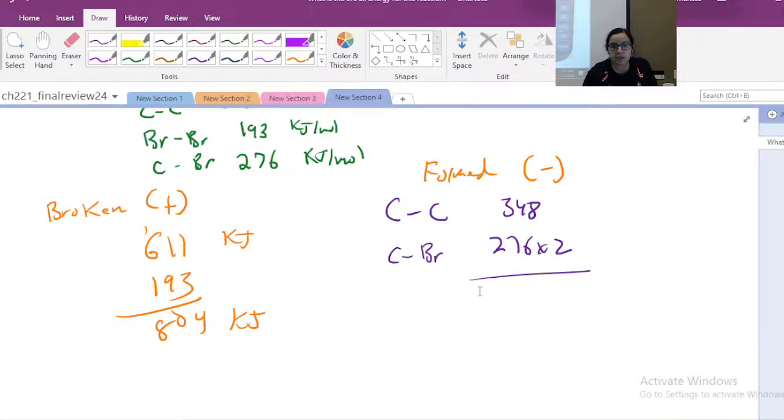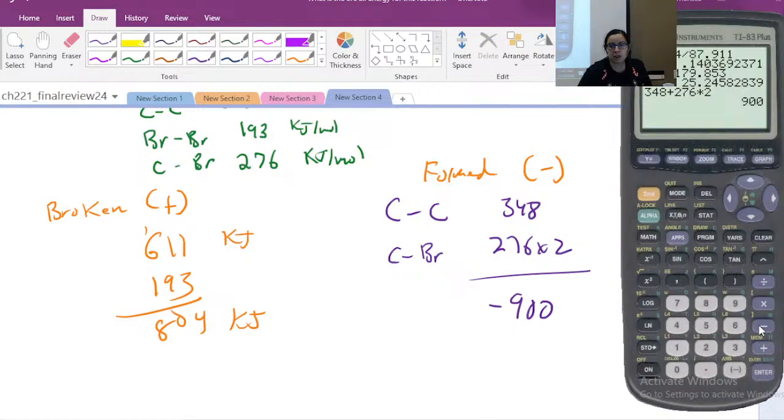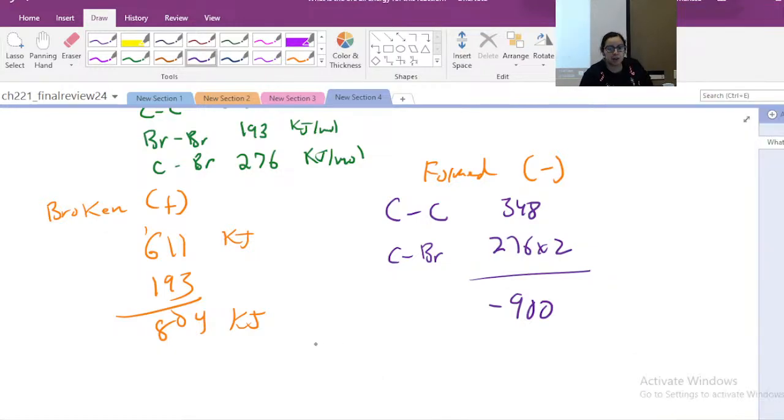And then, of course, this is negative, right? So negative 900 versus positive 804. So now we can add those two together. So watch my signs in the calculator. And then we should end up with a complete change in enthalpy of negative 96 kilojoules for this process. And then we can say that it was exothermic as well.